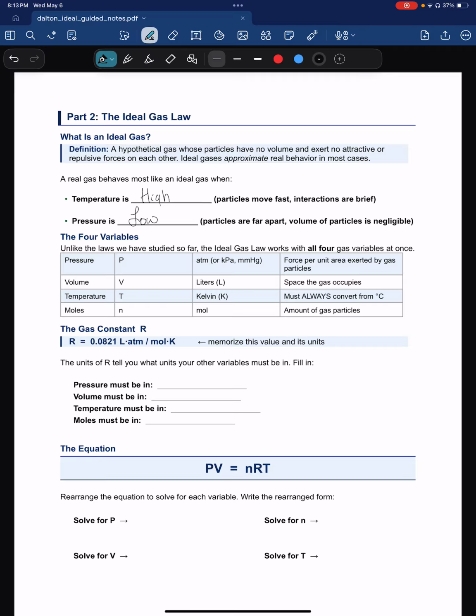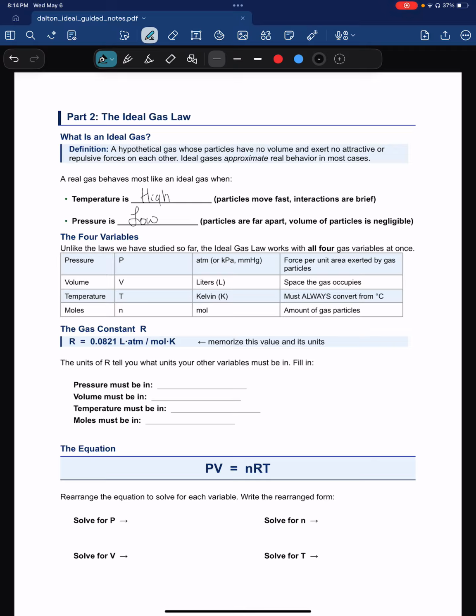All right, so let's keep on moving. Unlike the laws that we've studied so far, the ideal gas law works with all 4 gas variables at once, right? So Boyle's law and Avogadro's law and the Gay-Lussac law and Charles' law, and even the combined gas law, they are all missing at least 1, if not 2 variables, right?